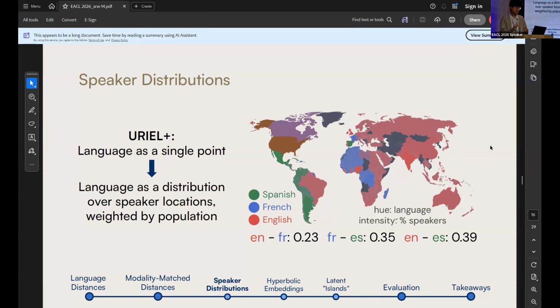And this allows us to calculate the Earth mover's distance over distributions, and that gives us geographic distance. And so the benefit of this is that, for example, we were able to capture how in the United States there are both English and Spanish speakers, where we know that there actually is a lot of language contact between English and Spanish. And so overall, this gives us much more realistic distances between English, French, and Spanish, as we can see here.